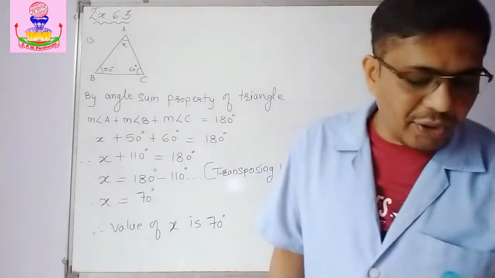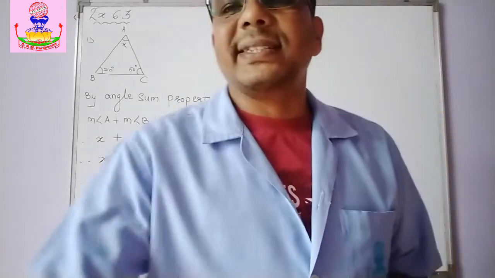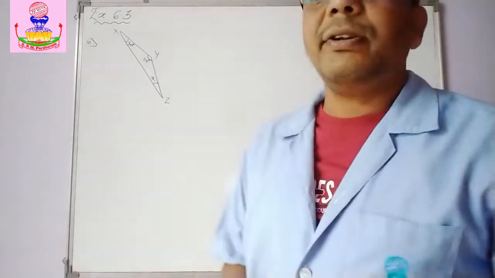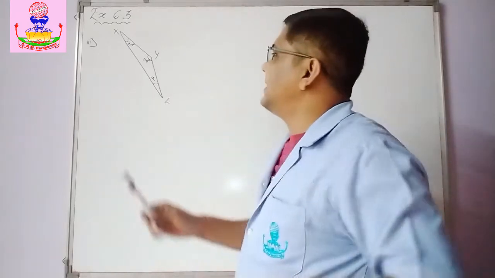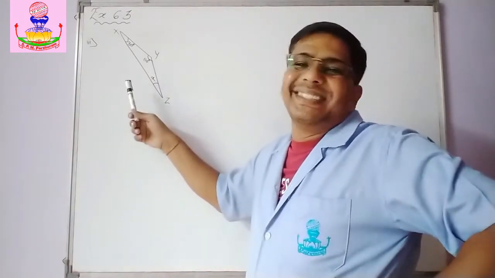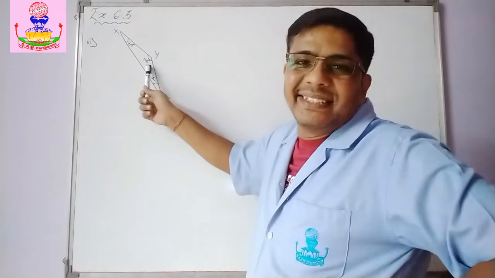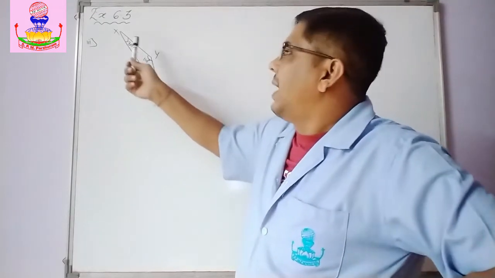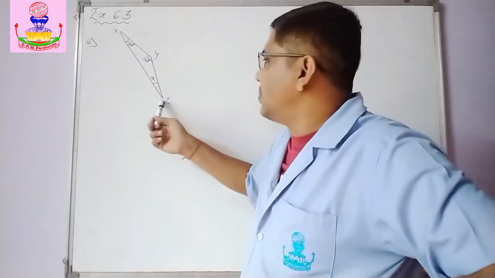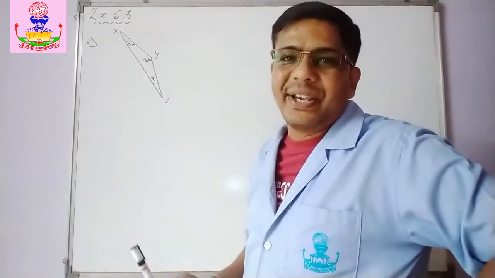So let's move to the next example. The third example now. You can see this is an obtuse angle triangle, right? This angle is 110 degrees, angle Y. Angle X is 30 degrees. So we are supposed to find angle Z. Okay.